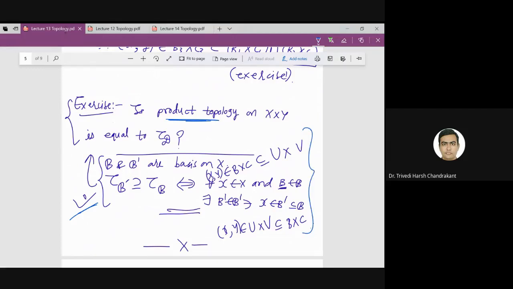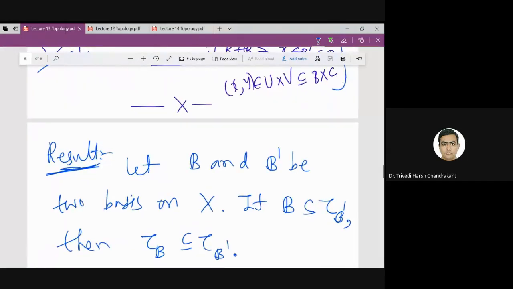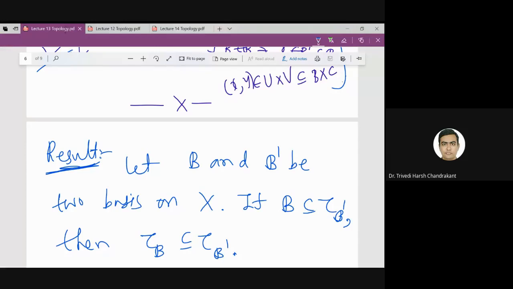So let me give you a hint. This is a basic result which sometimes helps to prove this type of exercise. Suppose B is a basis and B dash is also a basis on the same set X. Presently I'm not discussing product topology; I'm just taking B as a basis on some set X and B dash as another basis on the same set X. That means I will have two topologies.